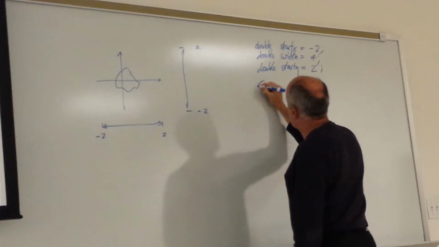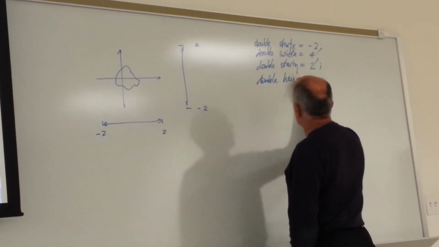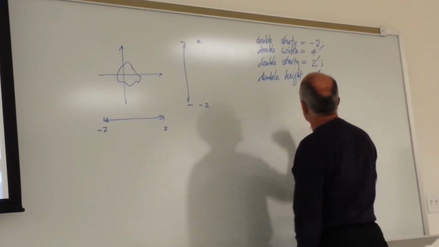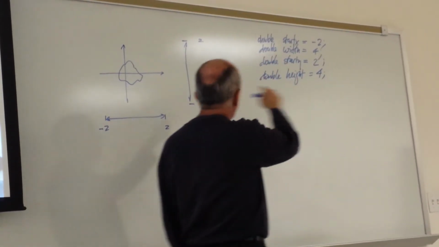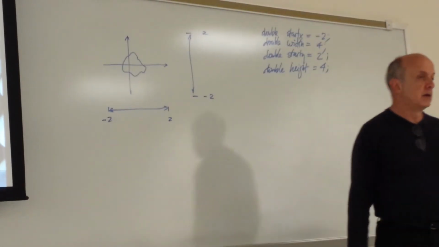For the start one, you can either start in the positive direction or the negative direction. It doesn't really matter. Just remember which is which. Right, so those 4 parameters define where we are in the complex plane.